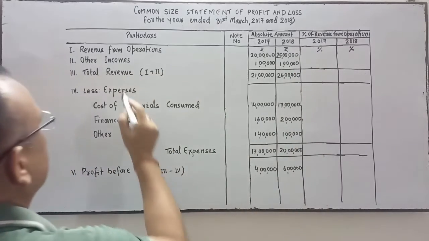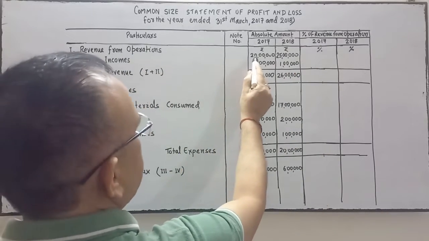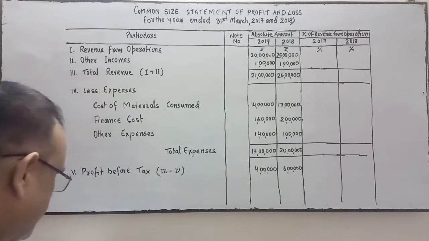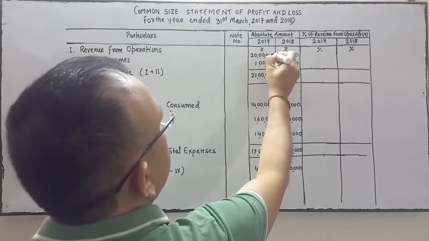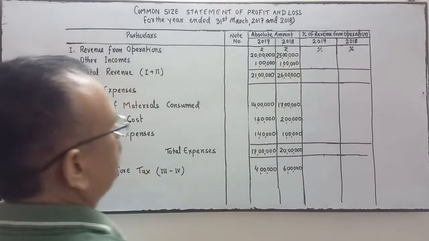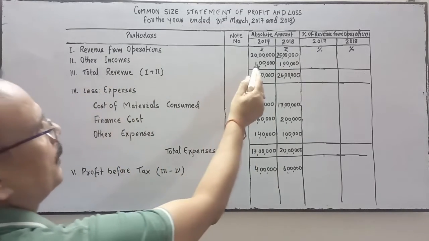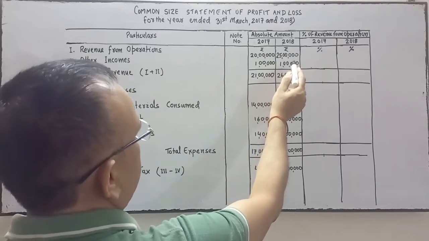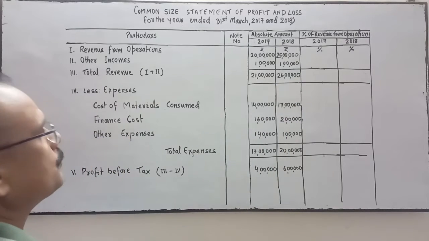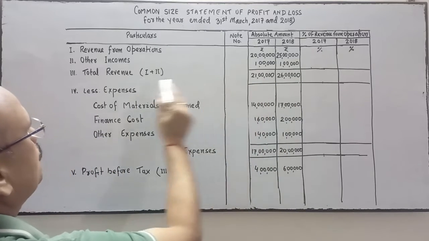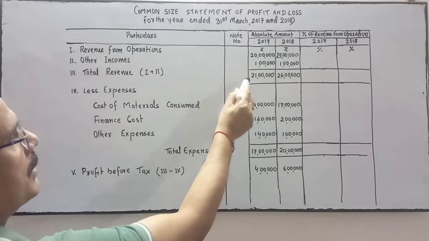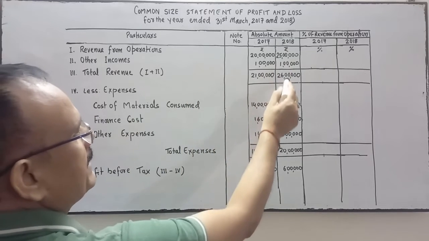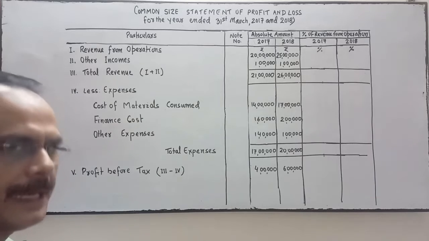Now revenue from operation is 20 lakhs for the year 2017, and in 2018 it is 25 lakhs. Other income is 1 lakh in 2017 and 2018 as well. So total income, total revenue, the third number, is 21 lakhs in 2017 and 26 lakhs in 2018.